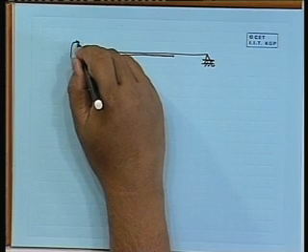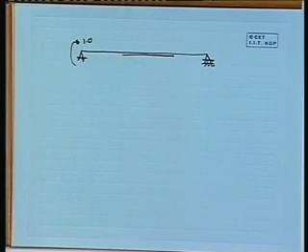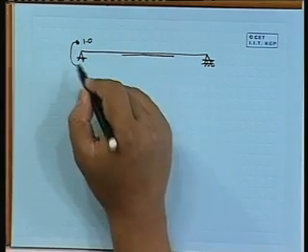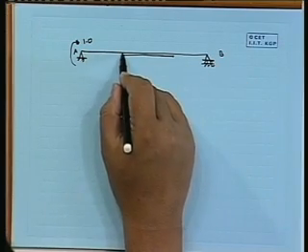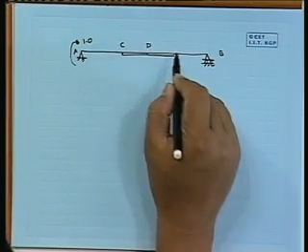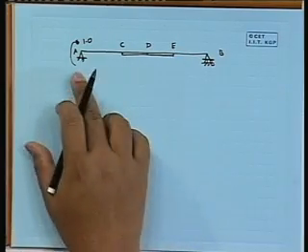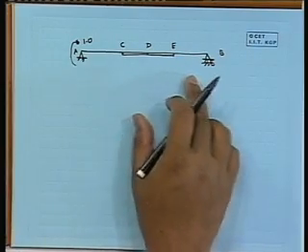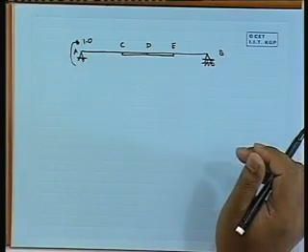Now, here we have to put just 1 unit moment, that is all. So, it was A, it was B, it was C, that was D, and it was E. You can put all this L by 4, L by 4, L by 4, L by 4, E, I, everything we can put, because it is identical, already you have written.